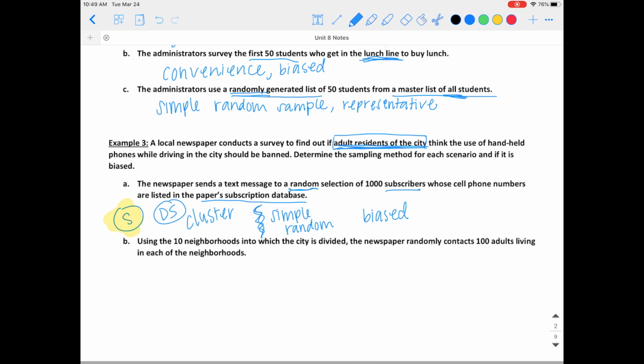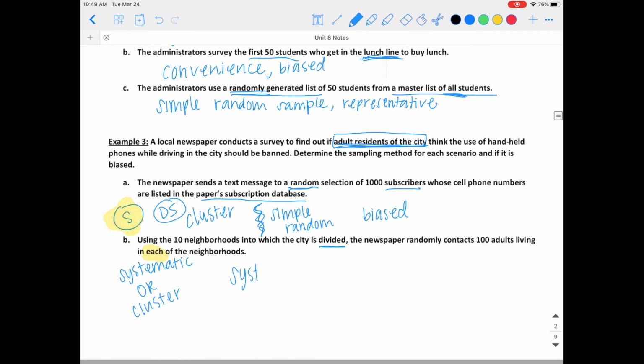Okay, and then the second one, using the 10 neighborhoods into which the city is divided, so we are dividing into groups. Automatically, we know this has to be systematic or cluster. We are randomly contacting 100 people living in each of the neighborhoods. Because we have this word each, that's what tells us it has to be systematic, because we're not just taking from some of the groups, we're taking from all of them.